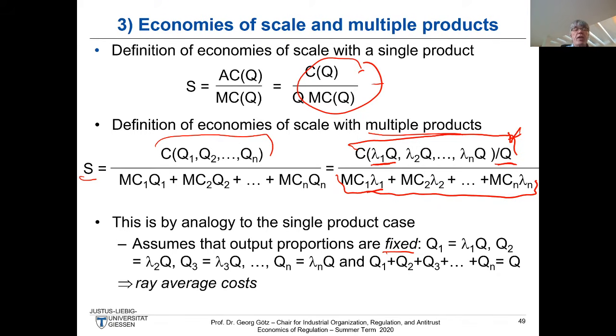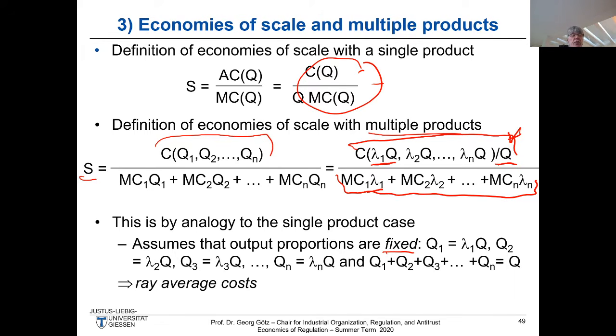The only thing you have to do, in order to have some analog to the decreasing average cost curve, is to just increase the Q. Hopefully that is clear with respect to ray average cost and how we derive the scale economy index in this case.